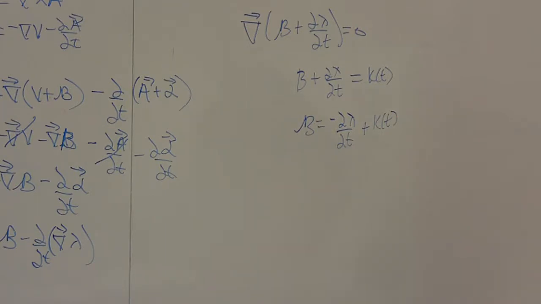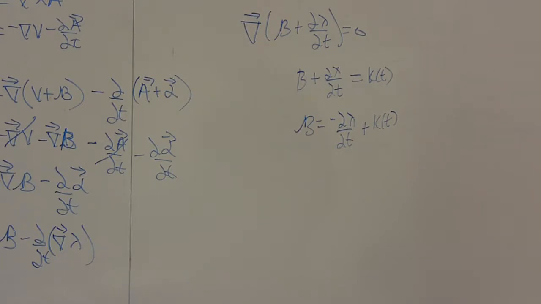Follow this in your book. Actually, we might as well absorb K of t into lambda, defining a new lambda by adding the integral of K of t prime dt prime to the old one, which is kind of subtle. I've had to think about that. It just absorbs K of t.